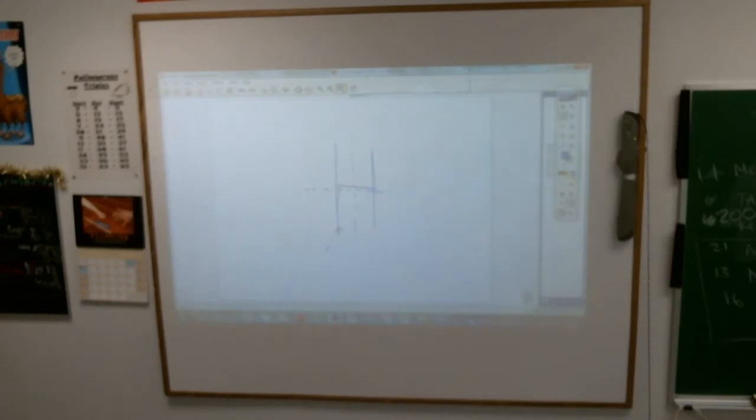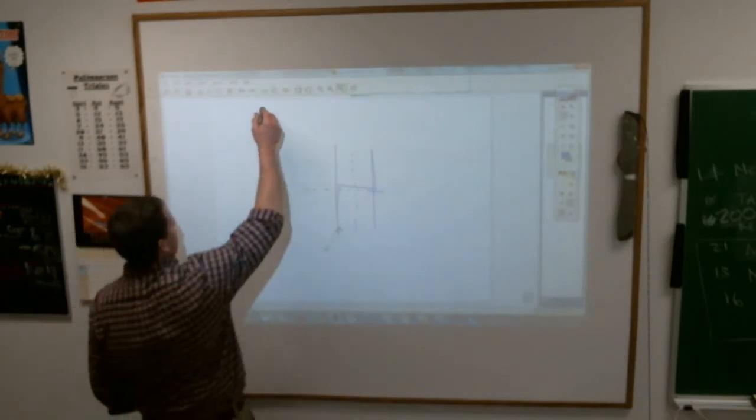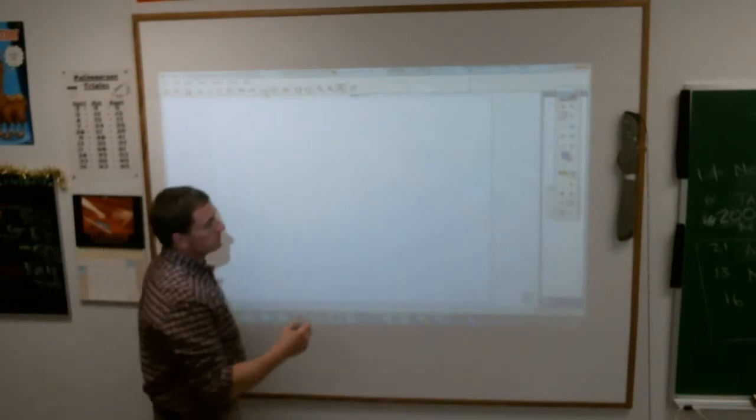Look at page 690. Just so you can see it, so I don't have to necessarily draw it.